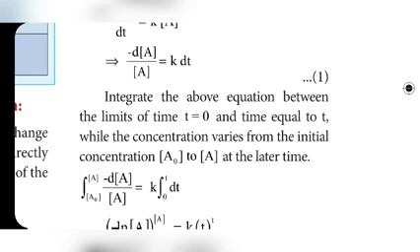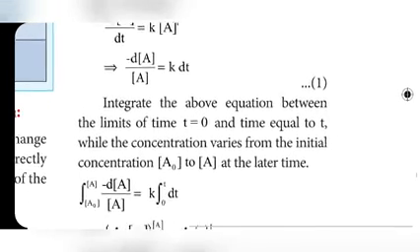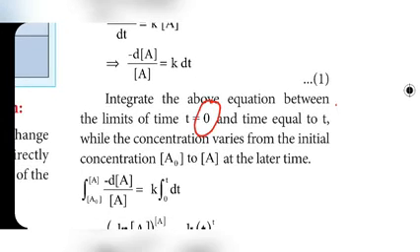You may already have studied integration and differentiation in your maths subject. If you don't know, I will teach one formula here. Integrate the above equation between the limits, time limit t equal to 0 to t, and concentration A0 to A. A0, A means reactant, and A0 means the initial concentration of reactant.